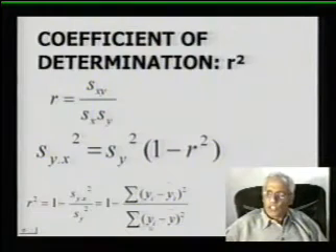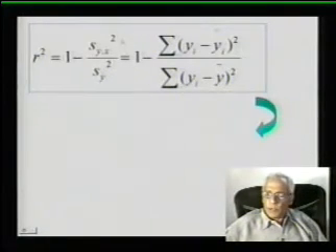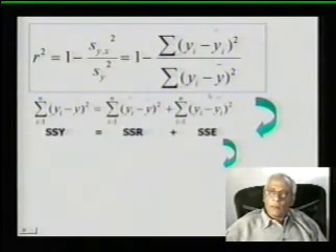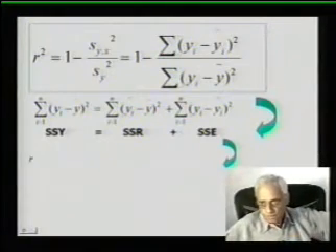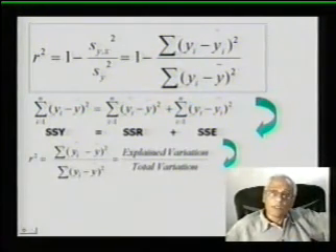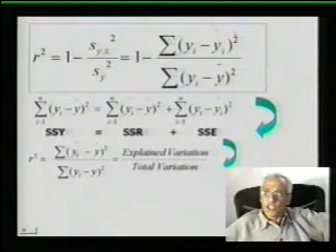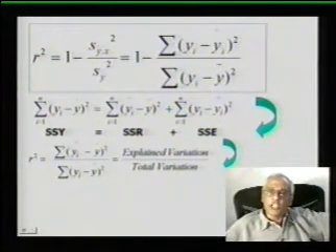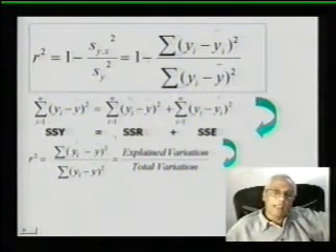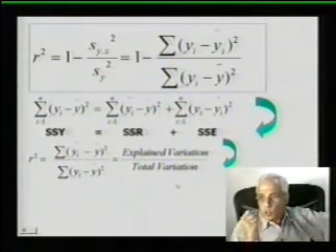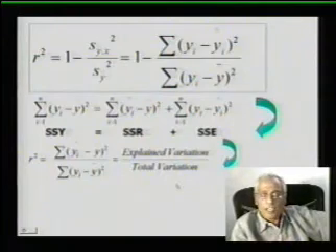So if we rearrange this equation a little bit, we will find that this equation lies right in the heart of the ANOVA concept. Indeed, the R squared, by rearranging this equation, will be equal to the sum of the squares of the differences between the predicted values and the mean, over the sum of the squares of the differences between the actual values and the mean.